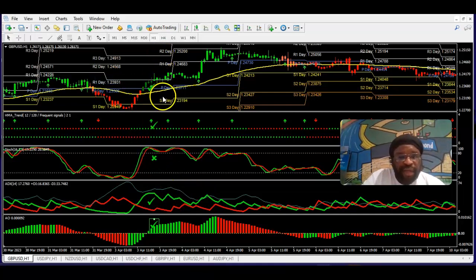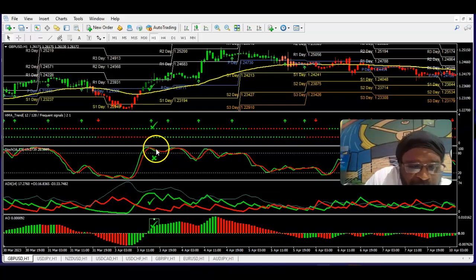Everything lined up perfectly except the stochastic. The stochastic is oversold and has already crossed over red going down. That means we will have to wait for everything to stay green and wait for green to go over red, which happened over here. A lot of people want to wait to get in up here, but it's too high.